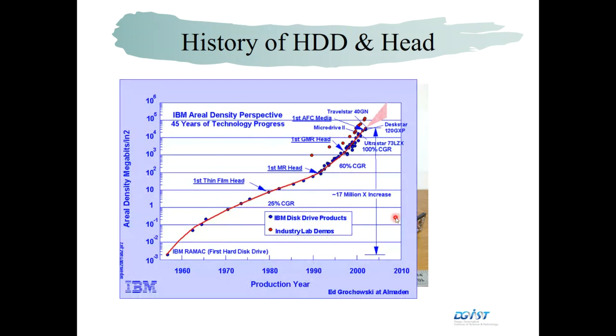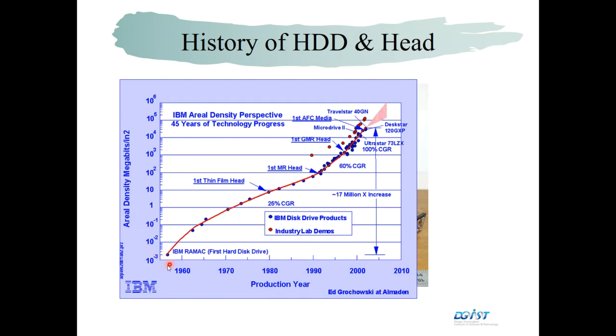And the capacity of the hard disk drive can be described by this simple plot. As a function of the production year, the areal density means how much information you can store in an inch scale. So a large areal density means we can store more information in a single disk.